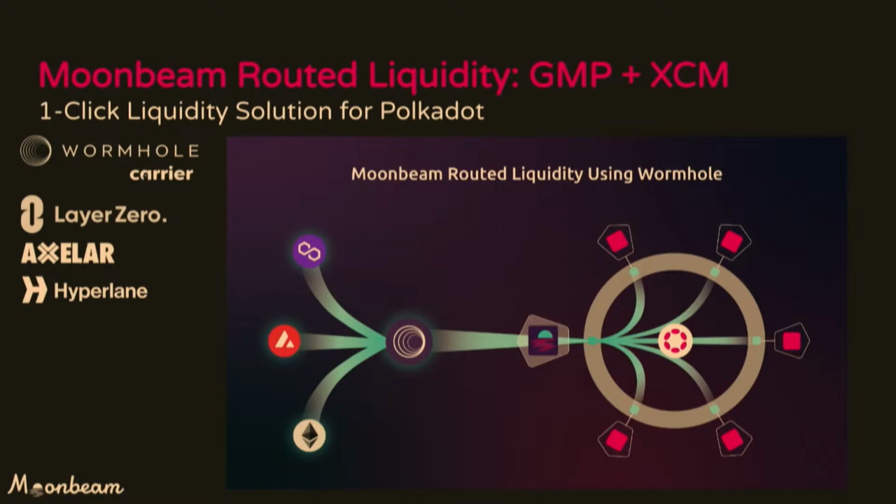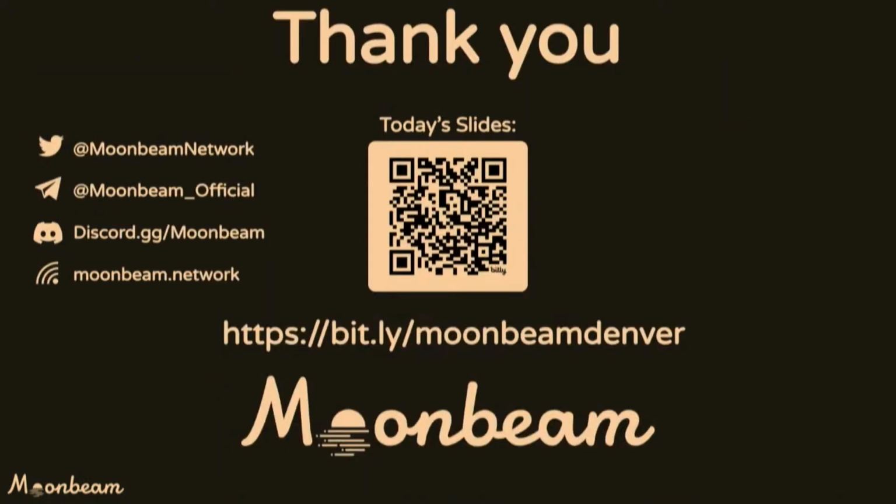You may not even know that it's going through Moonbeam and then going to a Polkadot parachain. So you'll just have the destination as Hydrodex or whatever the parachain is that it's going to. You'll select that on the interface. Carrier is one interface, and Carrier uses Wormhole, and then it comes in through Wormhole. It goes to Moonbeam, and then it gets routed to the destination parachain.